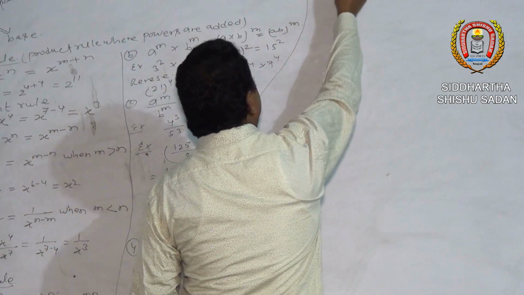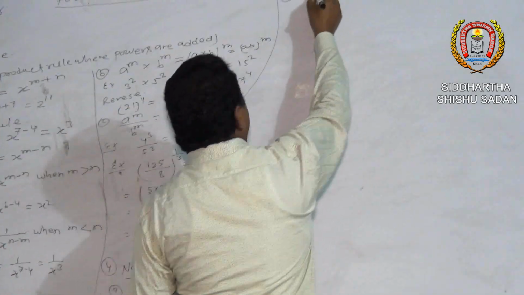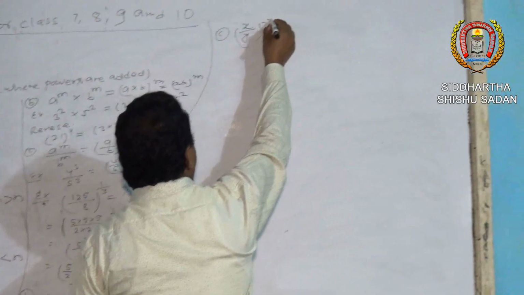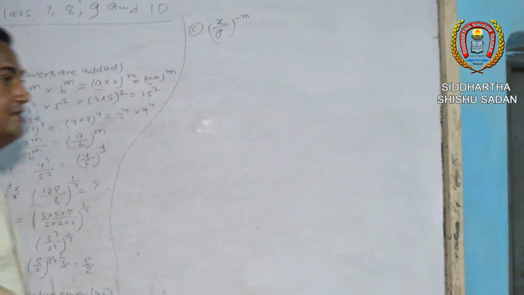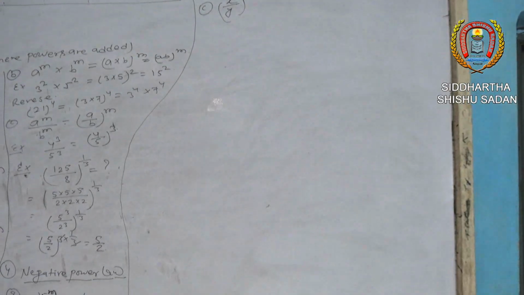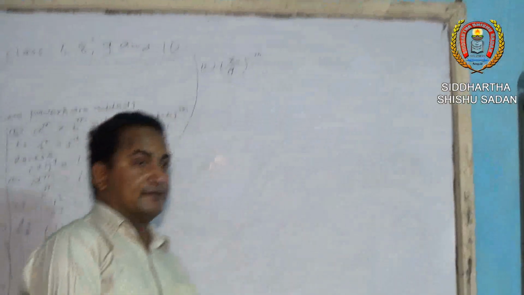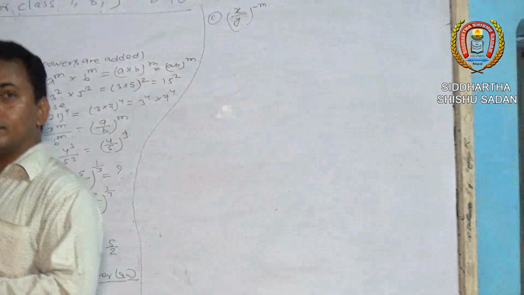Next is C, x by y whole to the power minus m. In that condition, we have to make the power positive over here. Directly, how can we do it?